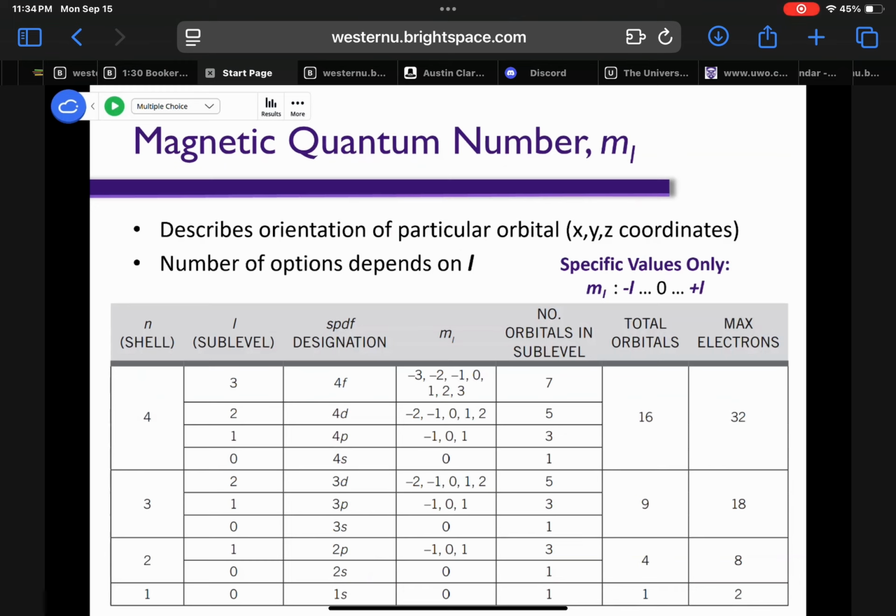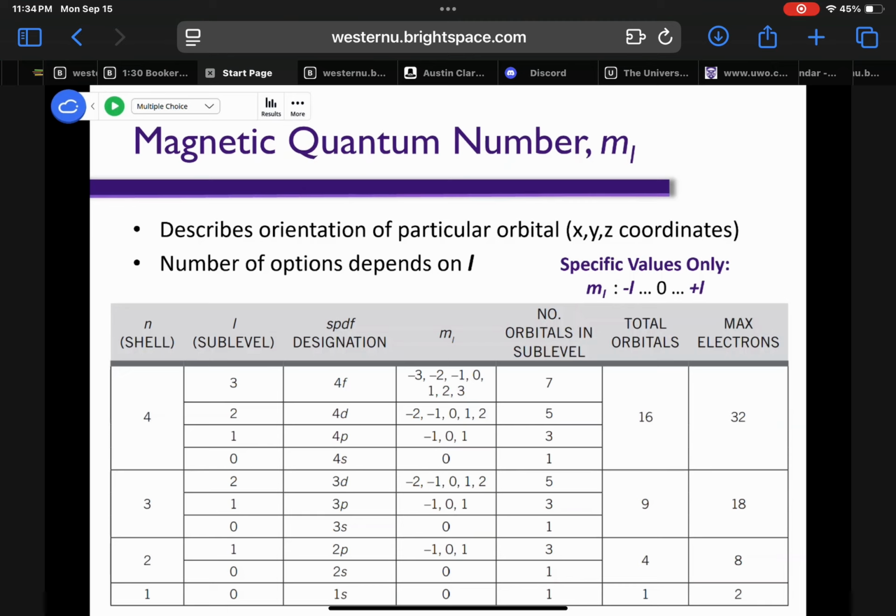So the magnetic quantum number, why do we need another one? Well, when people were looking at the emission spectrum of hydrogen and other elements on the periodic table, they discovered that if you put these emission lines through a magnetic field, sometimes some of these lines split.